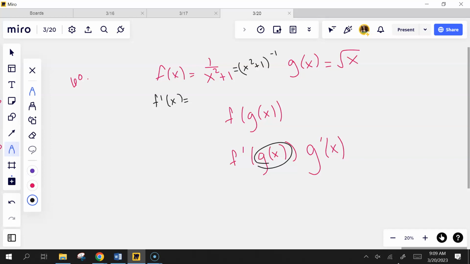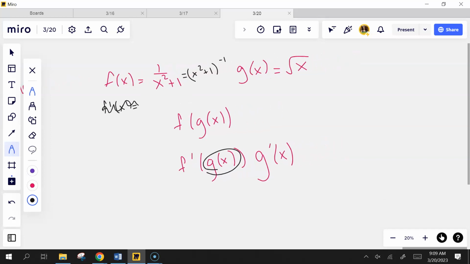It'll make it easier if we plug g in first. No, we got to do the derivative first. Yes.